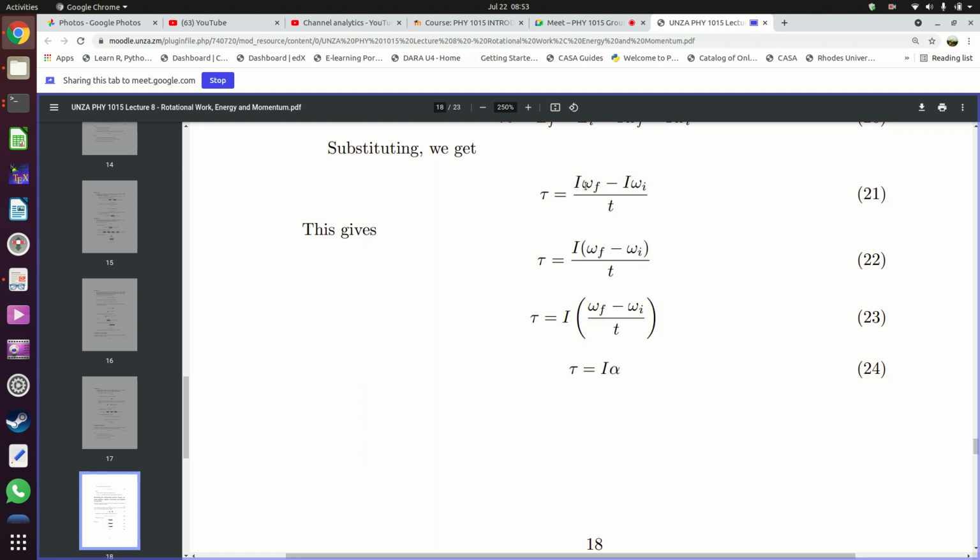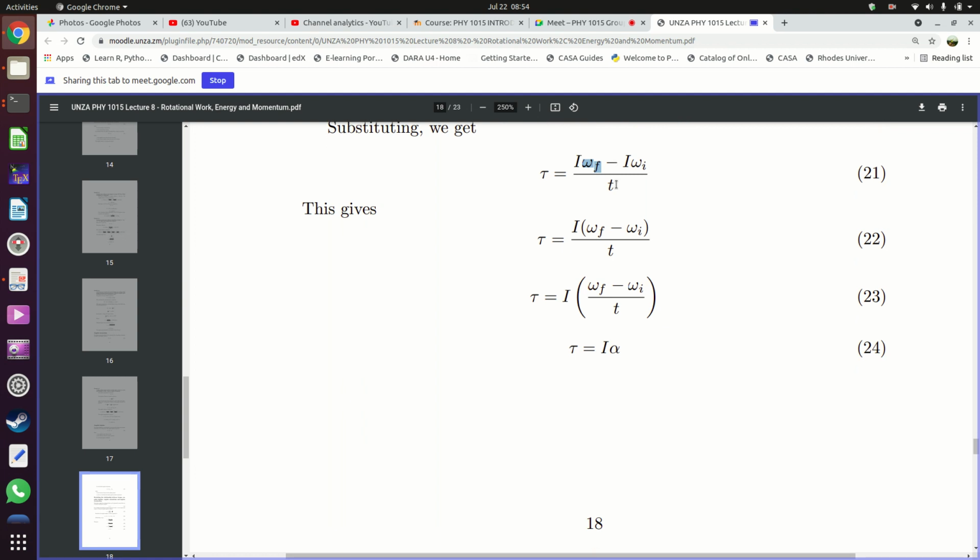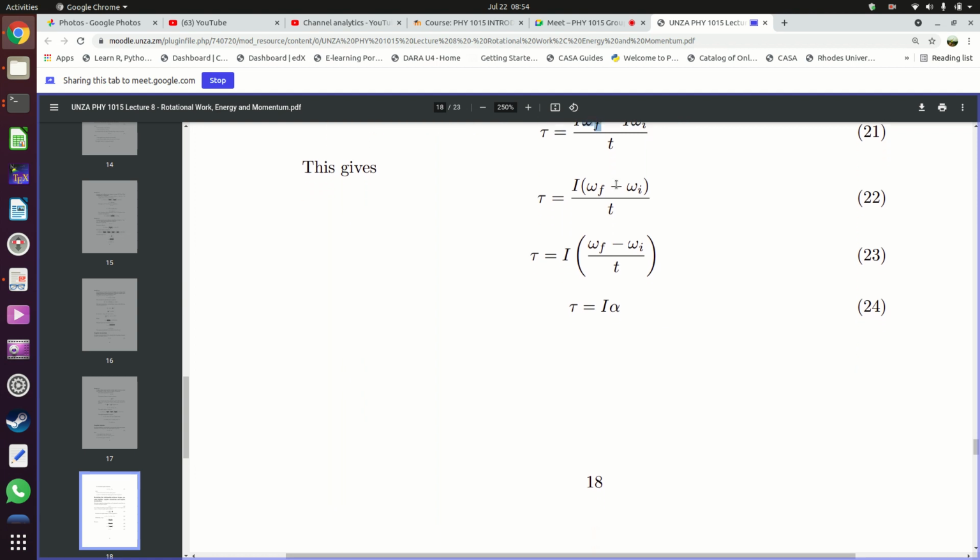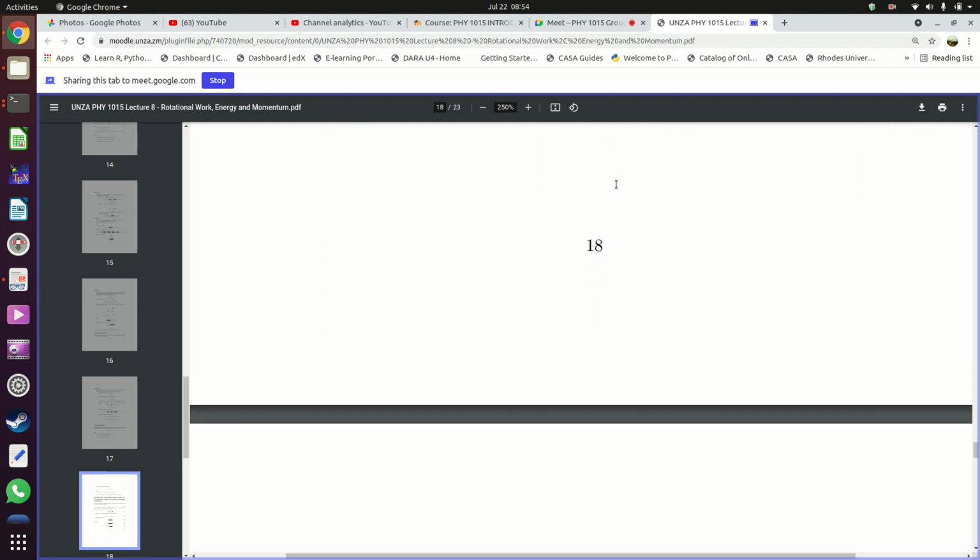You've got omega f and omega i, and you end up having this whole thing of angular momentum and change in angular momentum. So it's up to you which approach you want to take when you're looking at these questions.